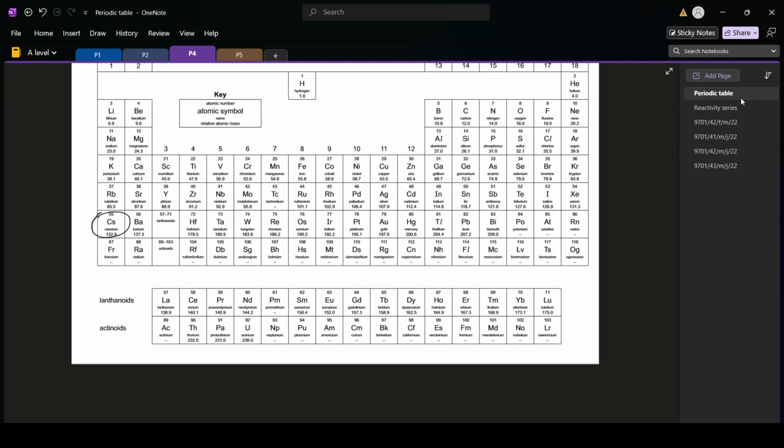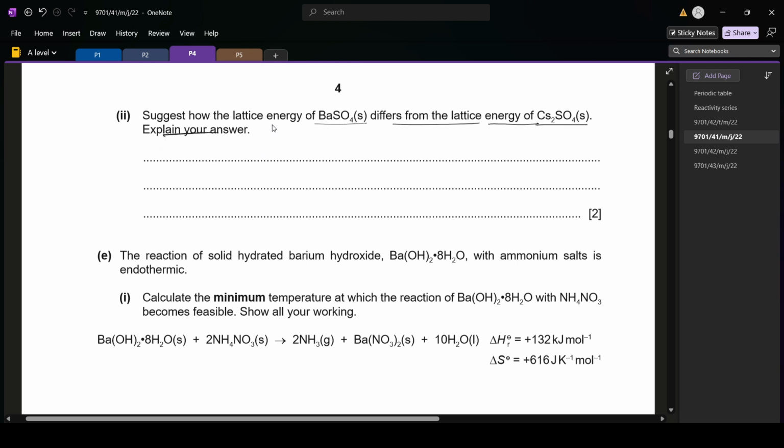From the periodic table, we see that barium and calcium are in the same group. Going down the group the ionic radius increases, as the number of shells increases.